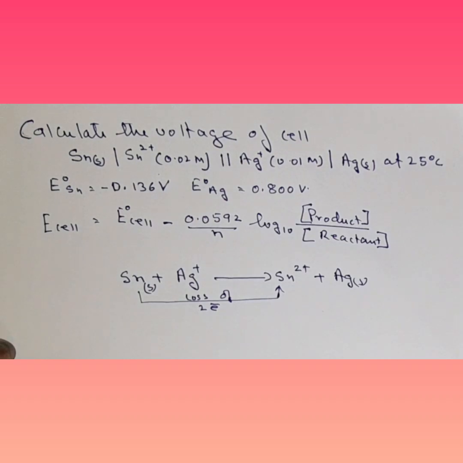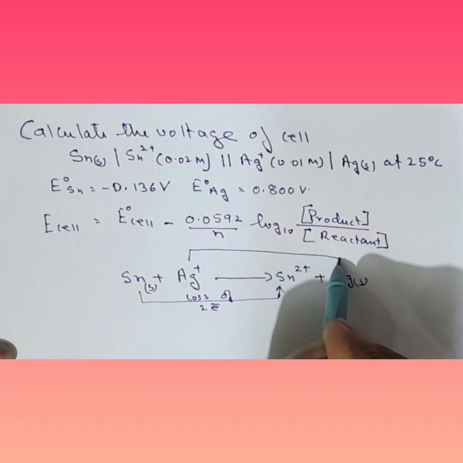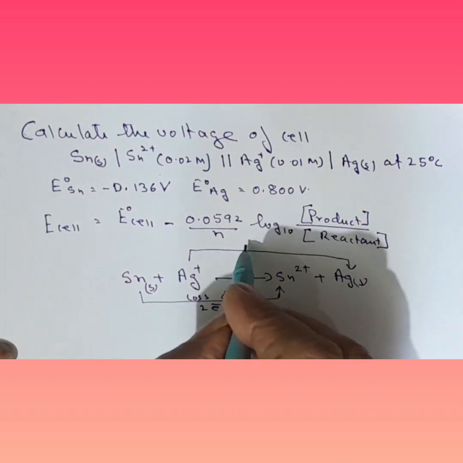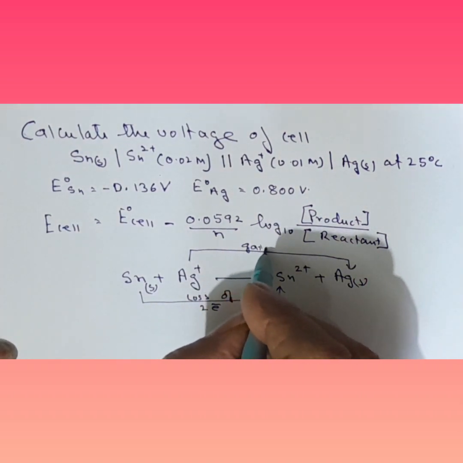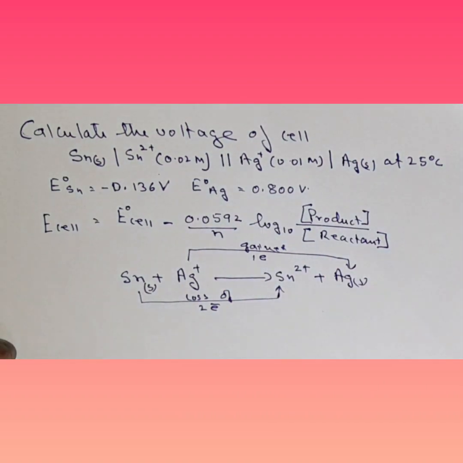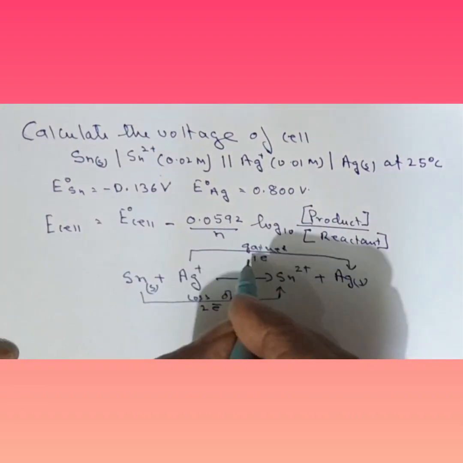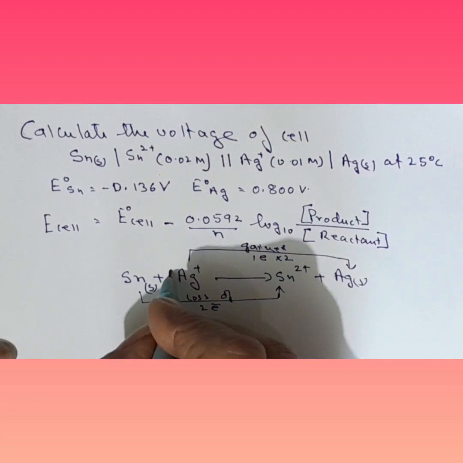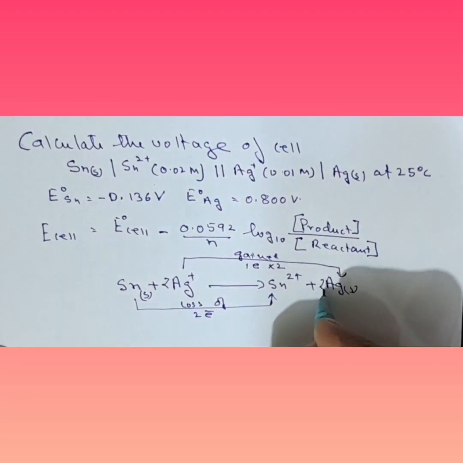Whereas here you find that Ag plus has gained 1 electron. So what do we do? In order to equilibrate electrons, we have got to multiply this by 2, to make it 2 electrons. So if we make it 2 electrons, we have got to multiply here also with 2.